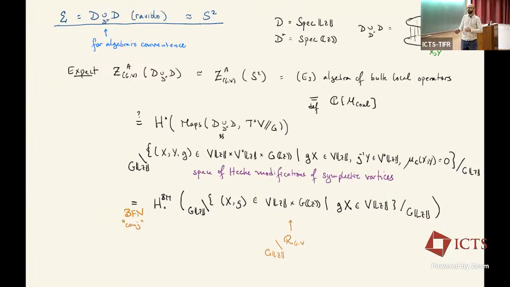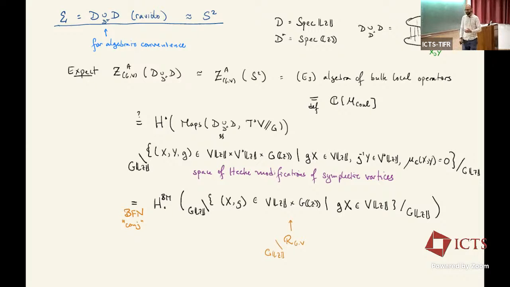And so they just look at X valued in V. On the bottom, a gauge transformation everywhere except the origin that relates the bottom and the top, quotiented out by isomorphisms on the bottom and the top. So this is the space that's called RGV or RGN in BFN.